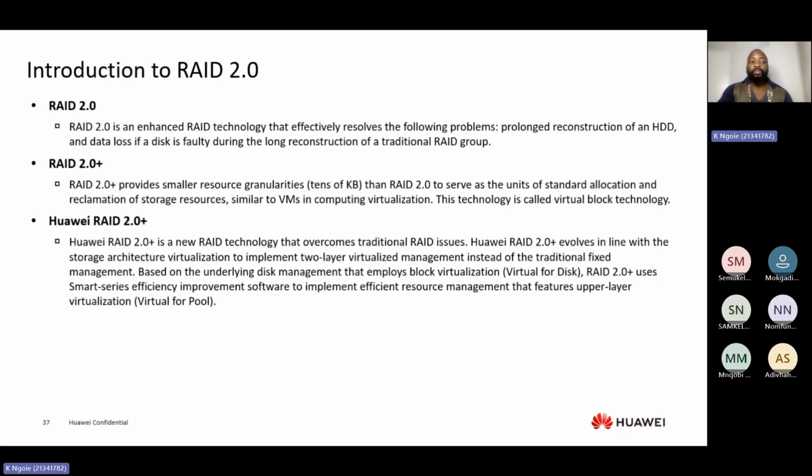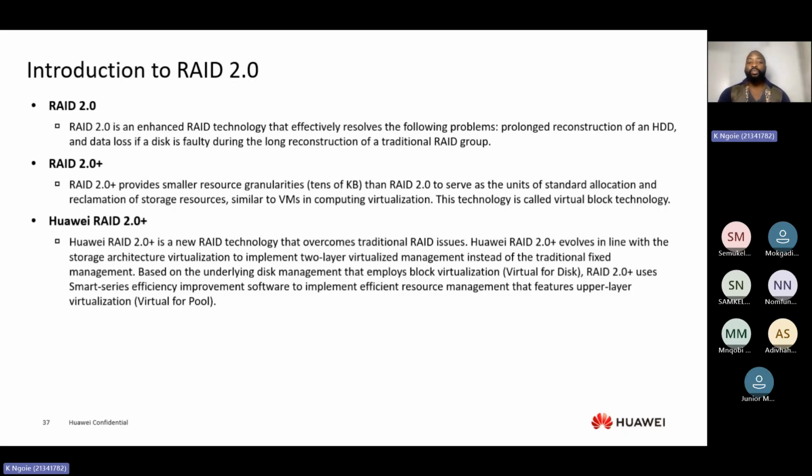We have disk-level block virtualization, where we break down each disk into small virtual blocks and distribute them evenly across the disks in the system. And then we have what we call pool-level virtualization, where we group all disks into a large resource pool.